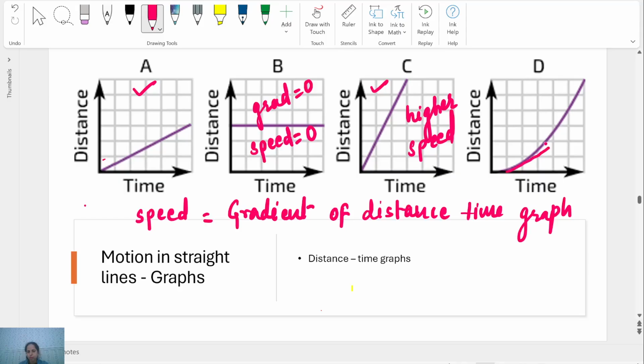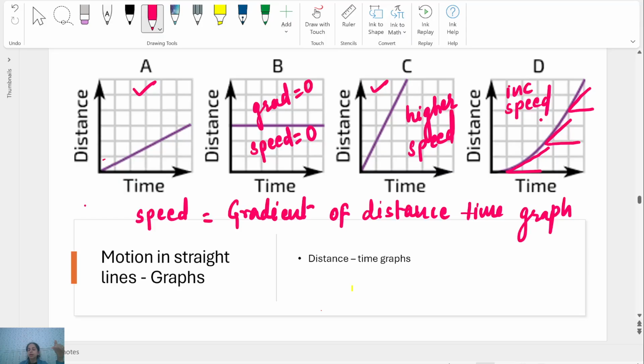So the graph has an increasing gradient, increasing slope. Because it's an increasing gradient graph, the speed is increasing. This shows an increasing speed. So if the speed is increasing, does it have acceleration? Yes. So this means it is accelerating.